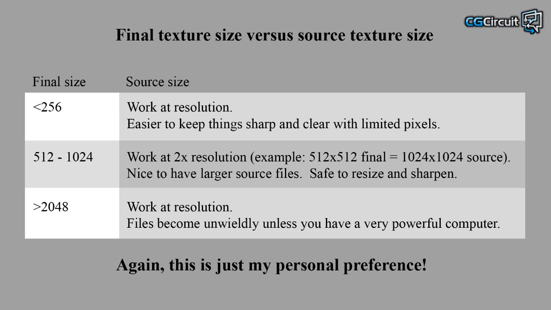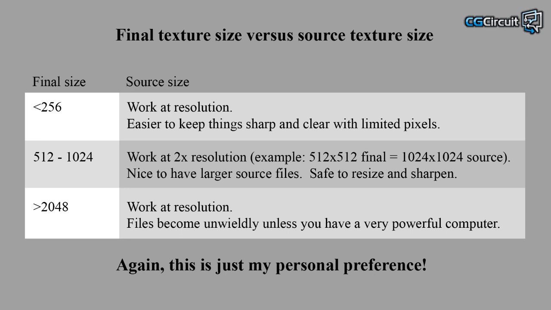In other words, my source file would also be 256. And that's mostly because it's easier to keep things looking sharp and clear with a limited number of pixels. If you work higher than that and you downsize, you run the risk of things getting a little bit blurry. Even if you sharpen it, things will always be better if you place the pixels deliberately at this kind of resolution.